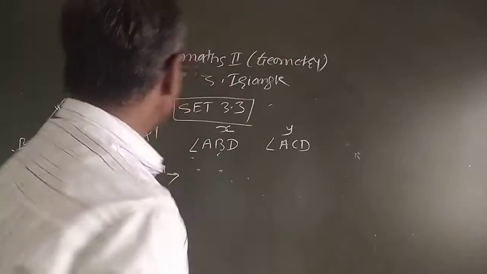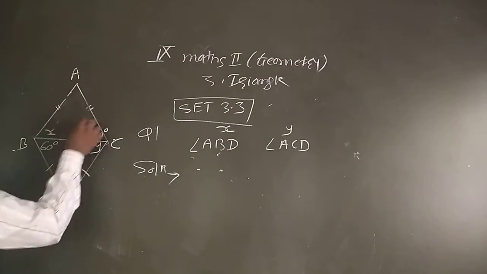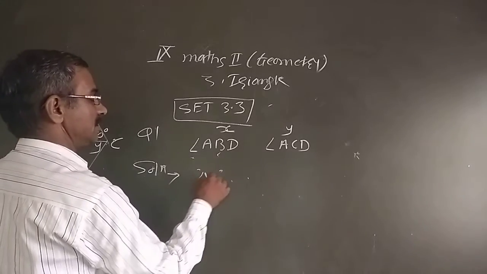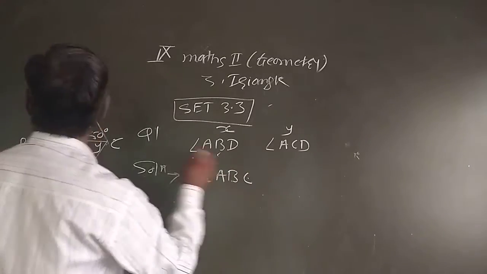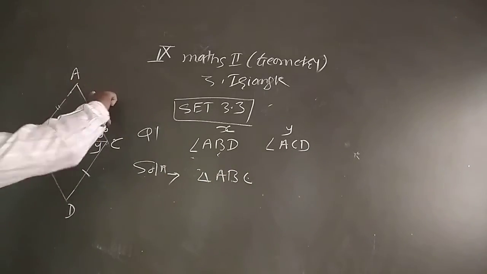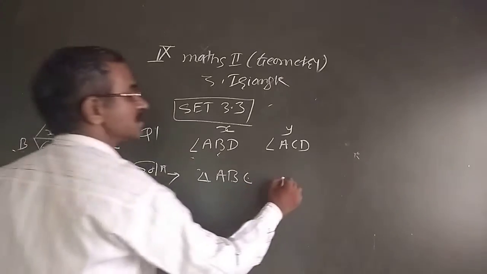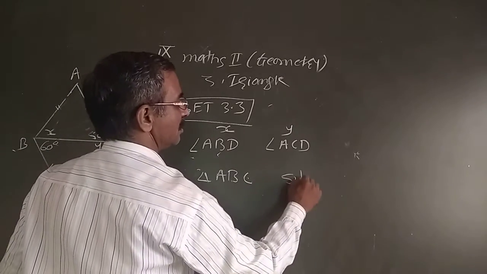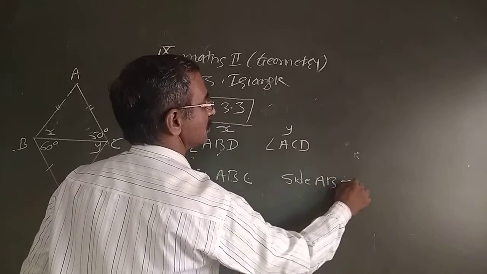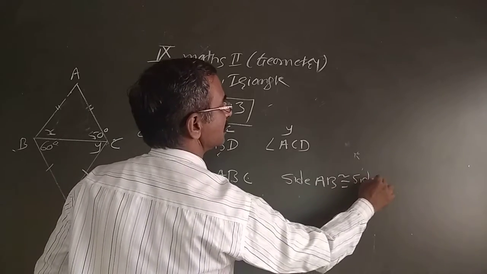In triangle ABC, the first triangle, sides AB and AC are shown with the same length, meaning side AB is congruent with side AC.